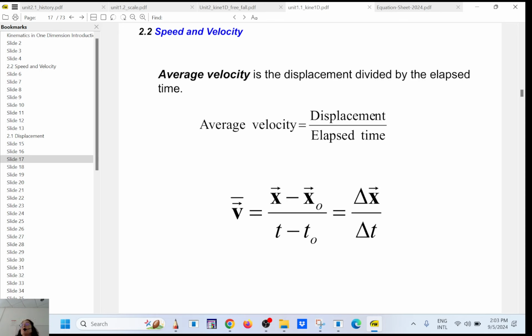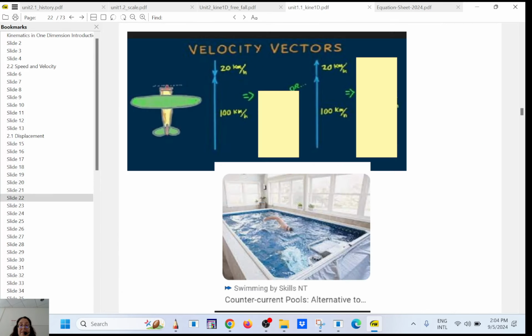That means you can have weird questions like, if I run to my office and go back to the same place, my velocity will be 0 because the displacement is 0, which doesn't really make sense in real life, but that's the way it is. Velocity depends on the displacement. Displacement is the final position minus the initial position. Average speed is distance over time.